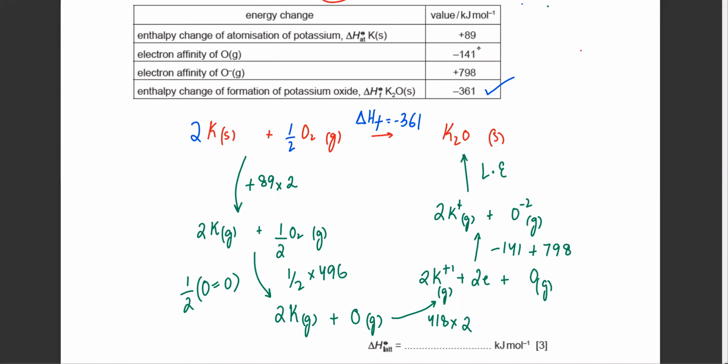It's going to be one path is equal to the other path, so that's one path, and that's an equivalent path. So it's minus 361, and that minus 361 should be equal to all the other things. So it's going to be 89 times 2, and it's going to be half into 496. Then it's going to be 418 into 2.